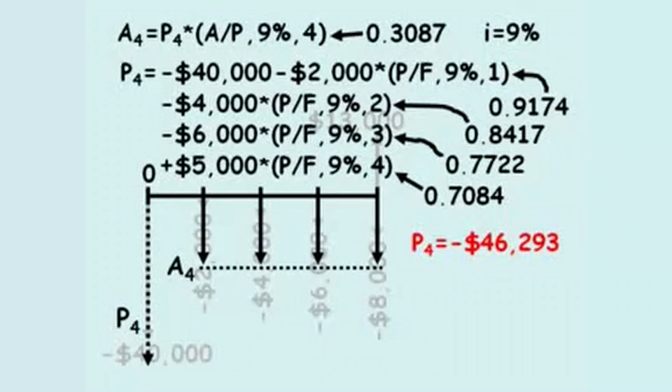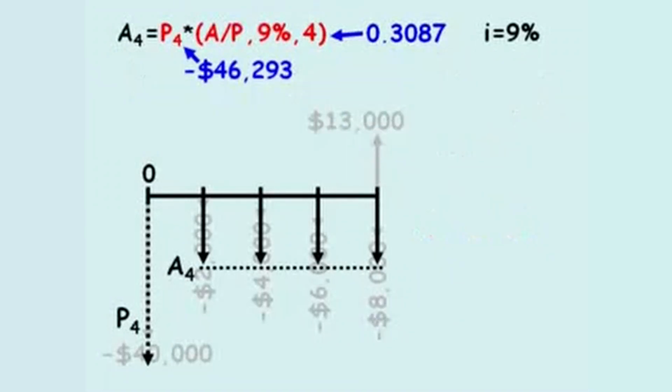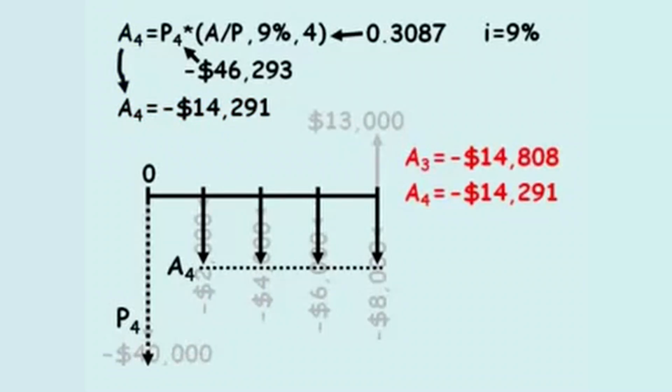This makes the 4-year equivalent annual cash flow equal to negative $14,291. So far, we have computed A3 and A4, but we still need to compute A5 and A6.